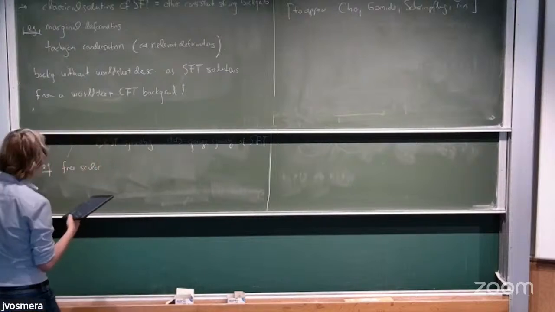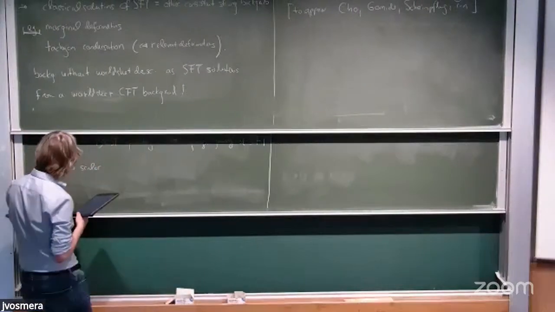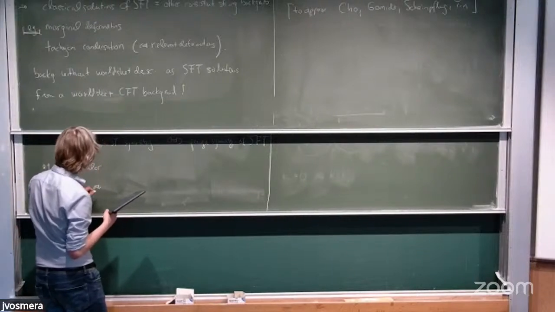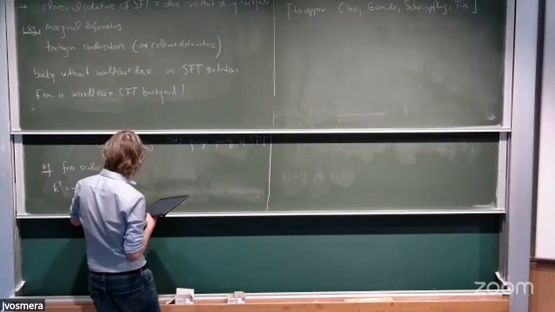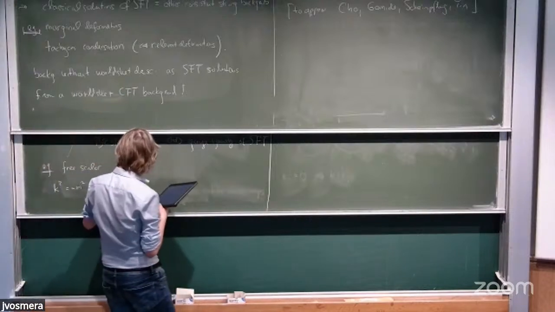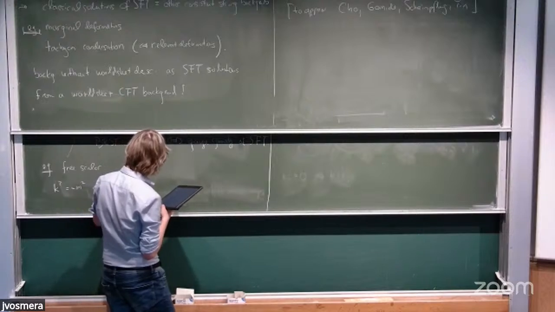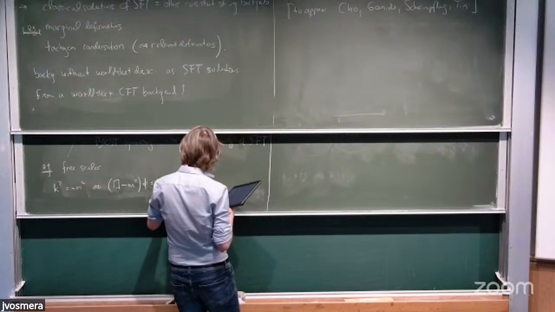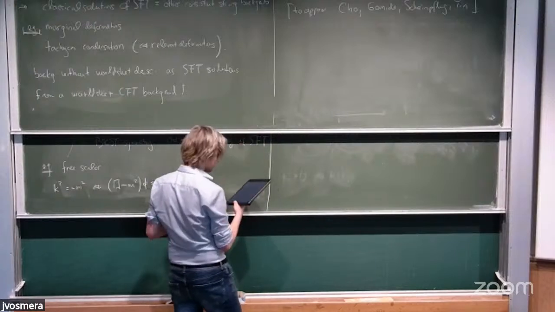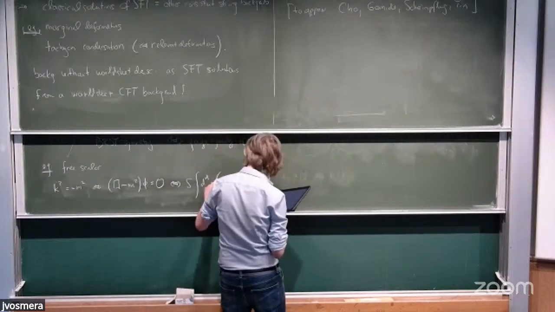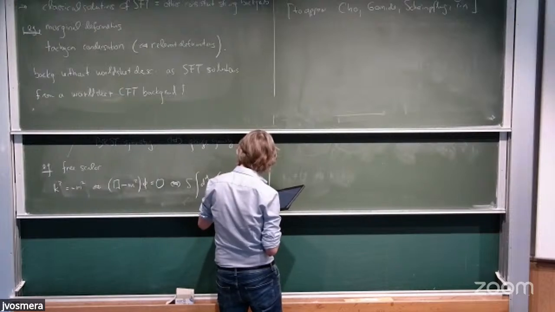For a free scalar, we know that the on-shell condition k squared equals minus m squared, which we impose on this free scalar particle, is equivalent to the corresponding field equation of motion of the free scalar field theory, which is just the Klein-Gordon equation, which of course can be derived by varying the free action for a massive scalar.